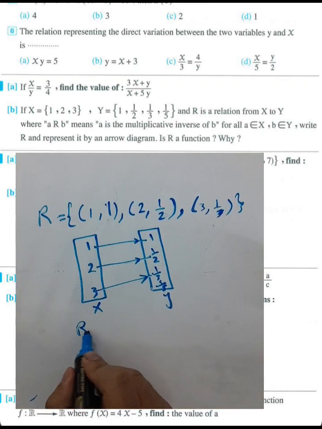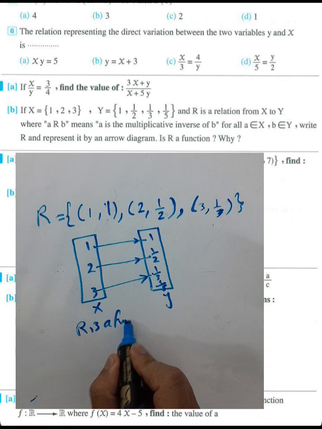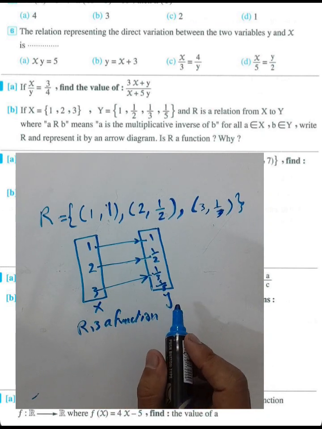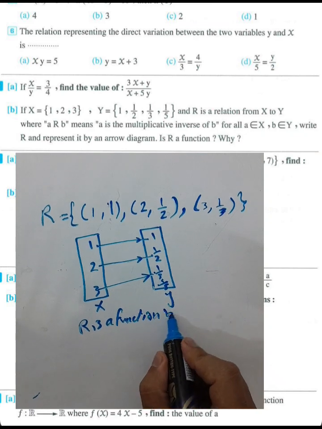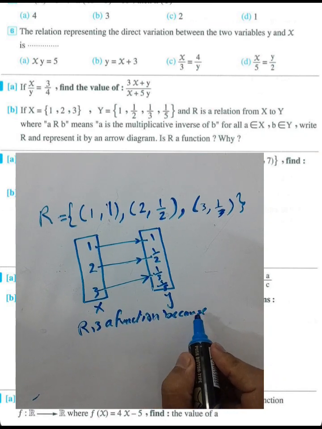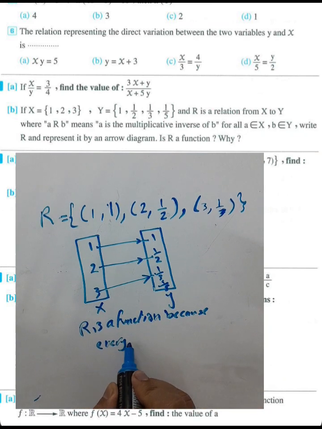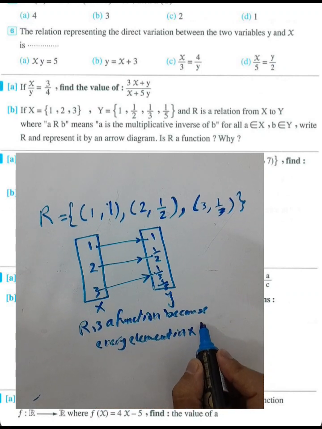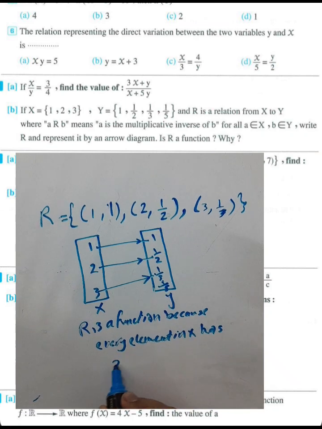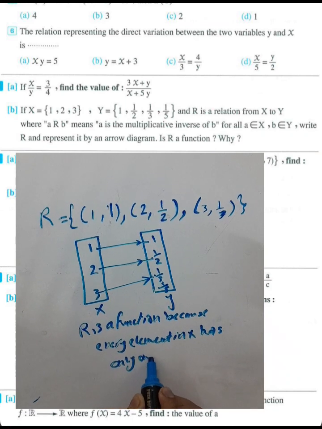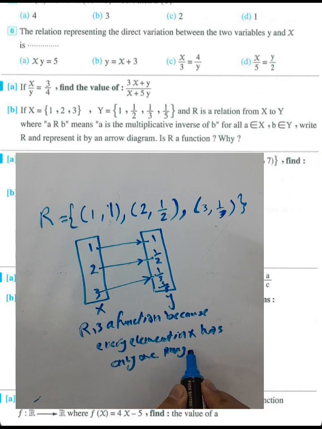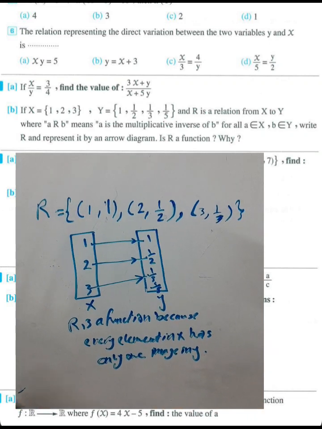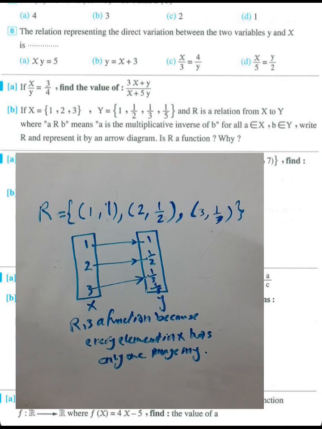Then R is a function, because every element in x has only one image in y.